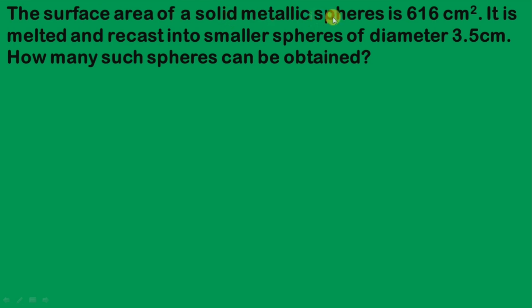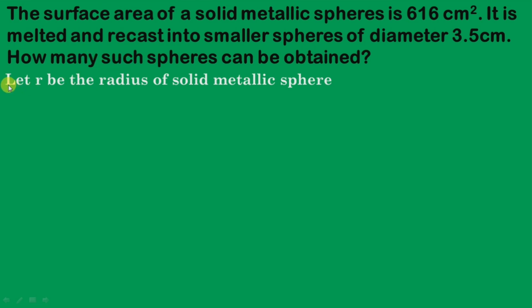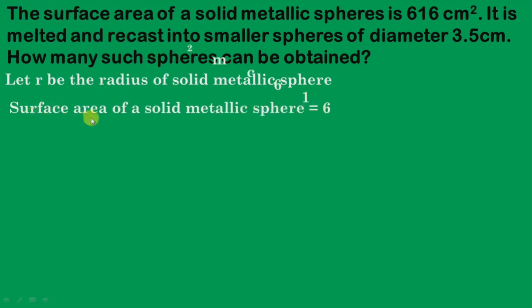So we have a big sphere which gets converted into small spheres. So we need to find the number of small spheres formed. Given is, okay, we'll start. Let r be the radius of the solid metallic sphere. Surface area of a solid metallic sphere is equal to 616 centimeters square.